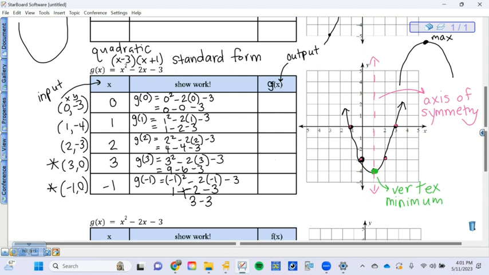And my output is the depth of the river. D stays, but this number is the output. Okay? Does that make sense? Good. Thank you.